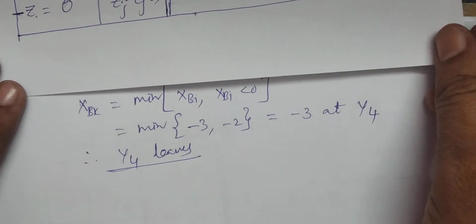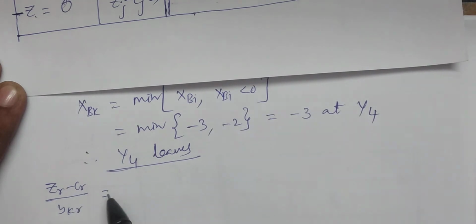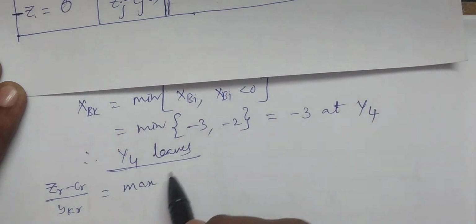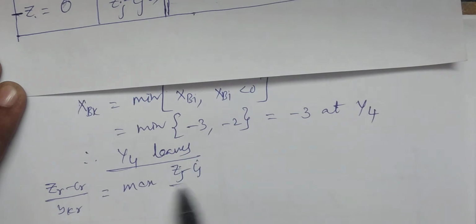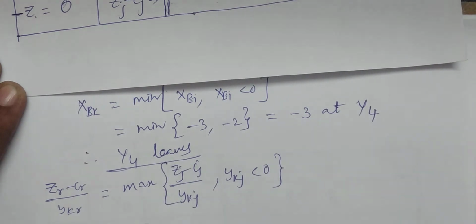And then you have to find out another particular value, zr minus cr divided by ykr, which is equivalent to the maximum of zj minus cj divided by ykj, where ykj is less than 0. Please follow the formula particularly.